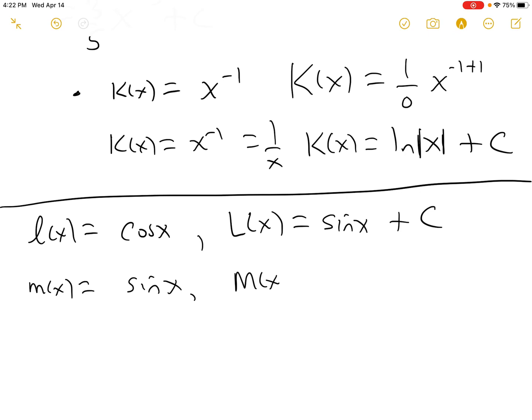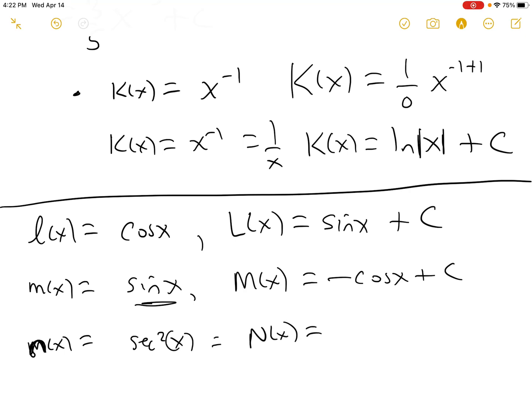Then we need a negative out front, right? Because the derivative of cosine is minus sine, and a minus times a minus gives us positive. So we need n now, little n. So n of x, let's say n of x is secant squared x. So what function has a derivative of secant squared? Well, that's tan. Right.